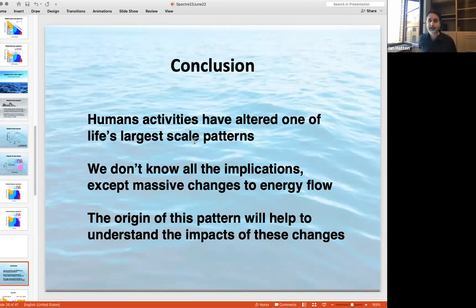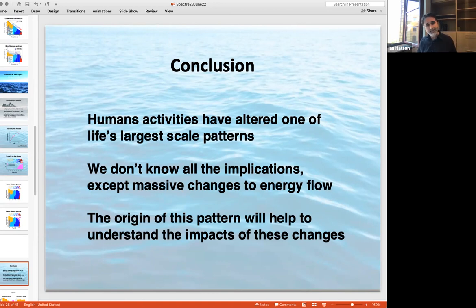And I guess we don't know all the implications that this alteration might have, but it appears to have a massive change to energy flow. I'm not sure about the origin of this pattern. There's been lots of theory, perhaps by people even in this room, or not in this room, but listening right now.